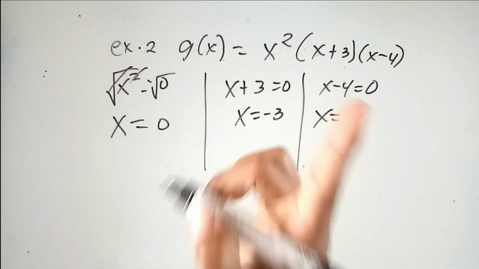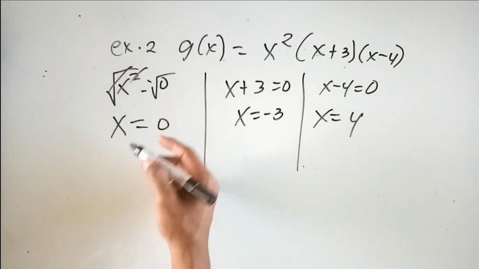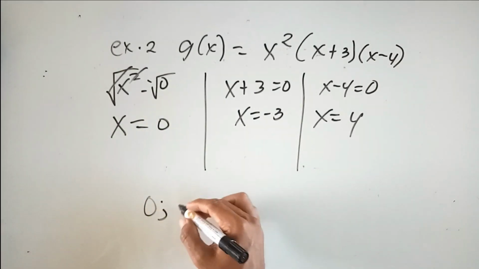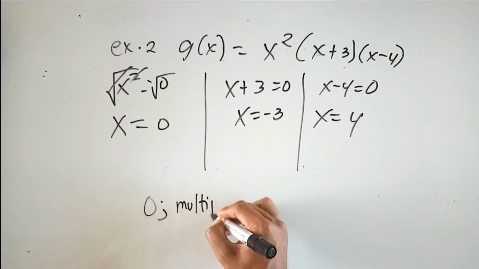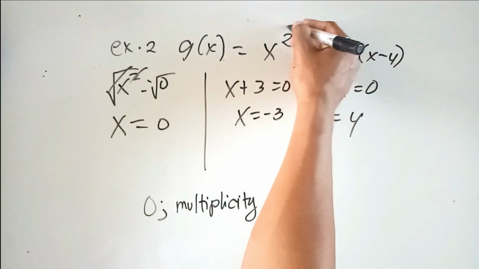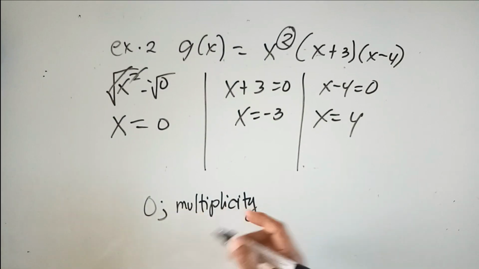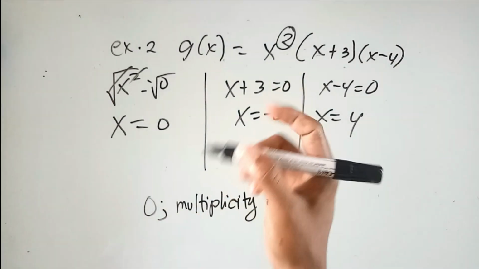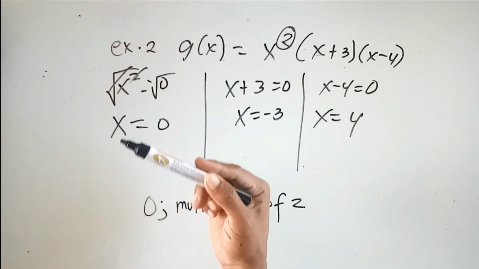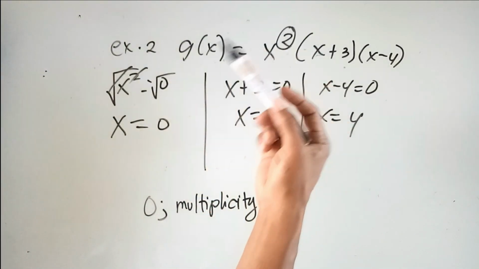Now, be careful here. You have the root of 0, however, you have a multiplicity of it. What do you mean by multiplicity? It is repeated 2 times, therefore 0 has a multiplicity of 2. You have 2 values of x here, and the exponent of that is 2.